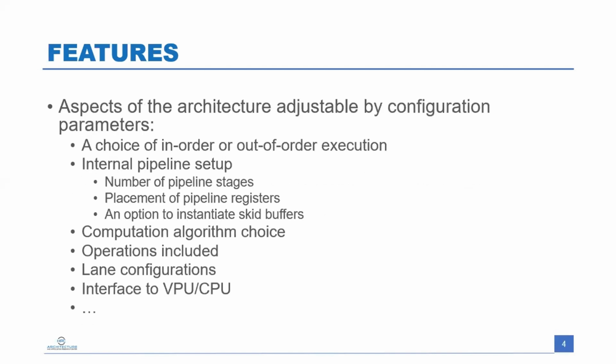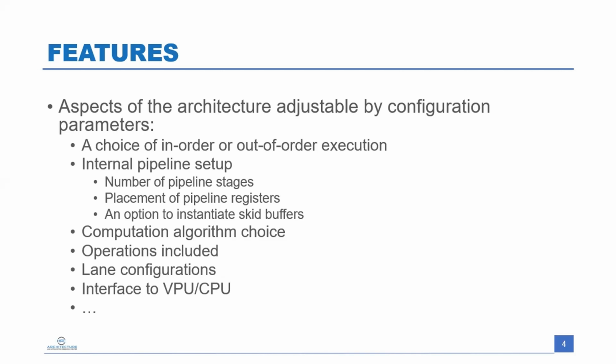We are especially focused on the possibility to customize the design. One special aspect of that was when we initially started, and BSC was designing the vector unit, we were discussing how many pipeline stages we need in particular situations.